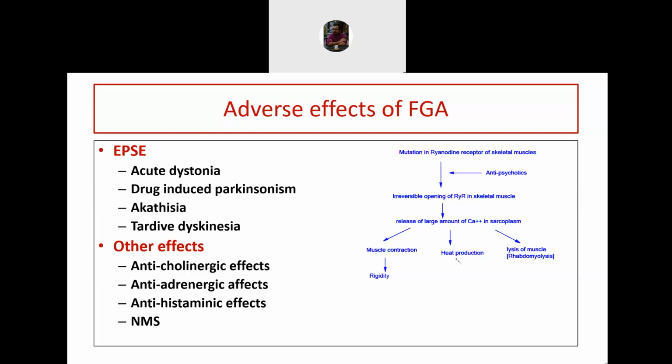The heat production can lead to hyperthermia. And the lysis of the muscle or rhabdomyolysis leads to myoglobinuria. As myoglobin is toxic to the kidney, this ultimately leads to renal failure.